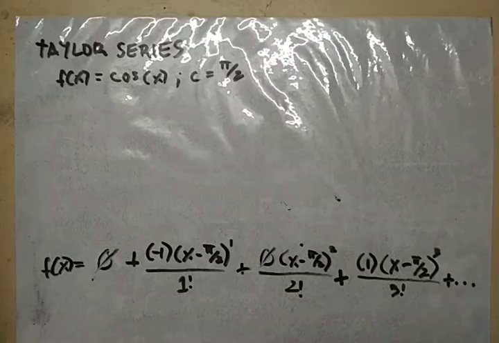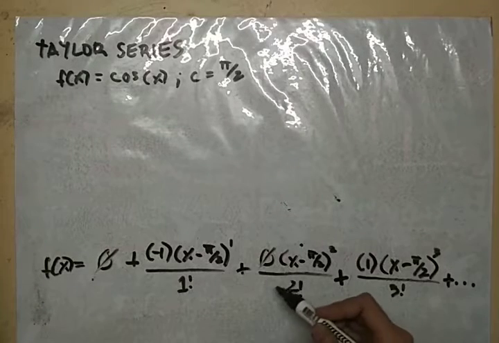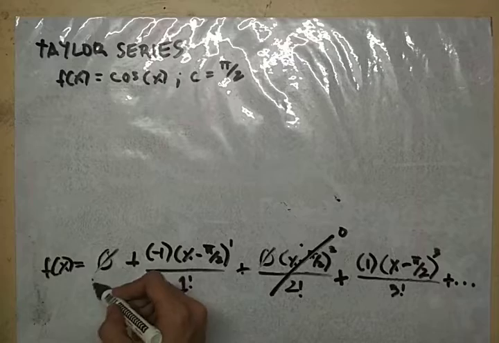Now, since this is multiplied by 0, it will be cancelled out, also here.